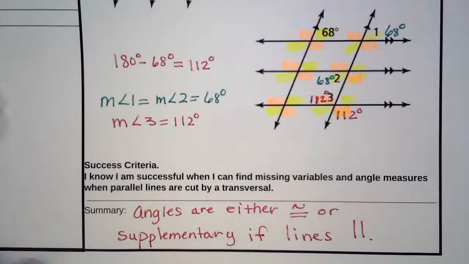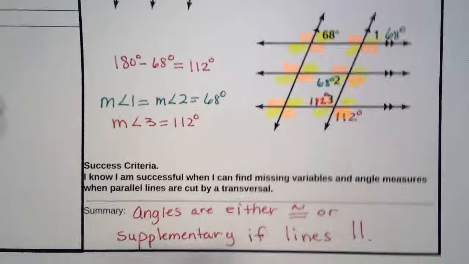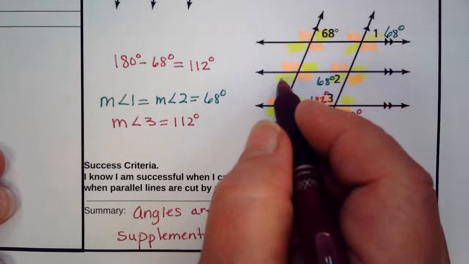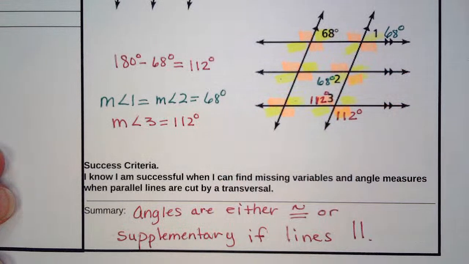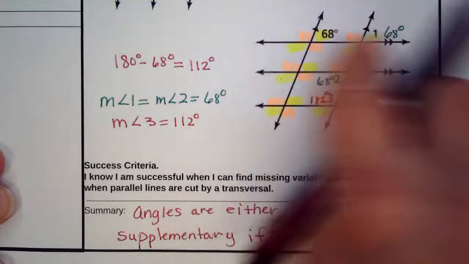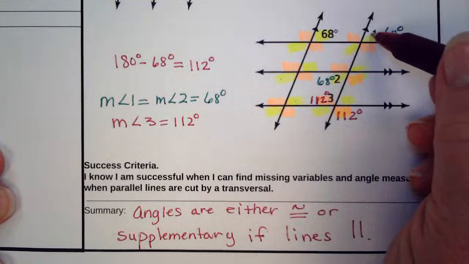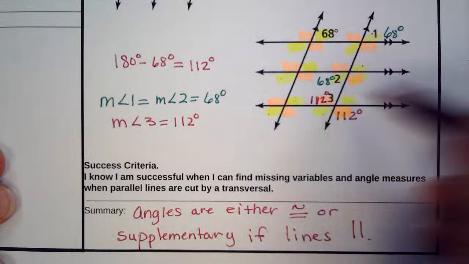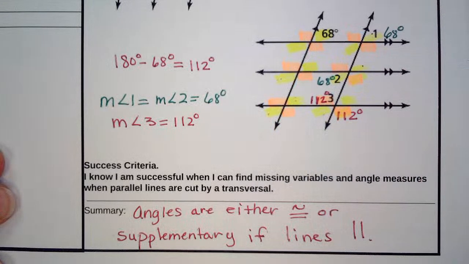So all your angles are either congruent or supplementary if the lines are parallel. You can always highlight and make sure you're getting them correctly, because they will look the same. These two are yellow, so I come down here, these two are yellow, these two are yellow. And if I'm looking this way, top to bottom, top to bottom, top to bottom. So hopefully this is becoming a little easier to understand now.